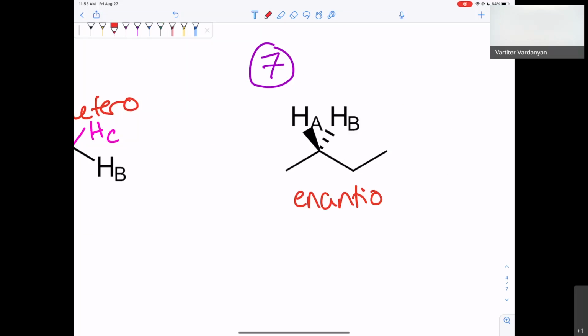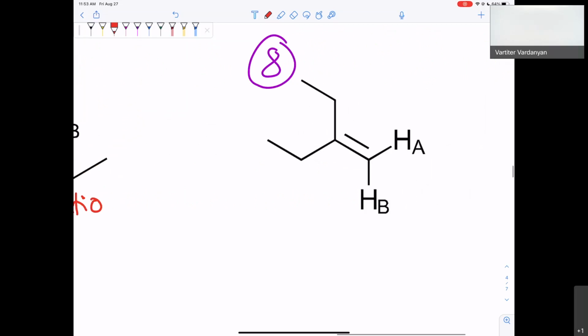Yeah, because they're on the same carbon and they are a potential chiral center. Perfect. And number 8, what do we think? They're the same. It's homotopic. I heard a couple people saying it. It is symmetrical. So these groups are exactly the same. So these are homotopic.